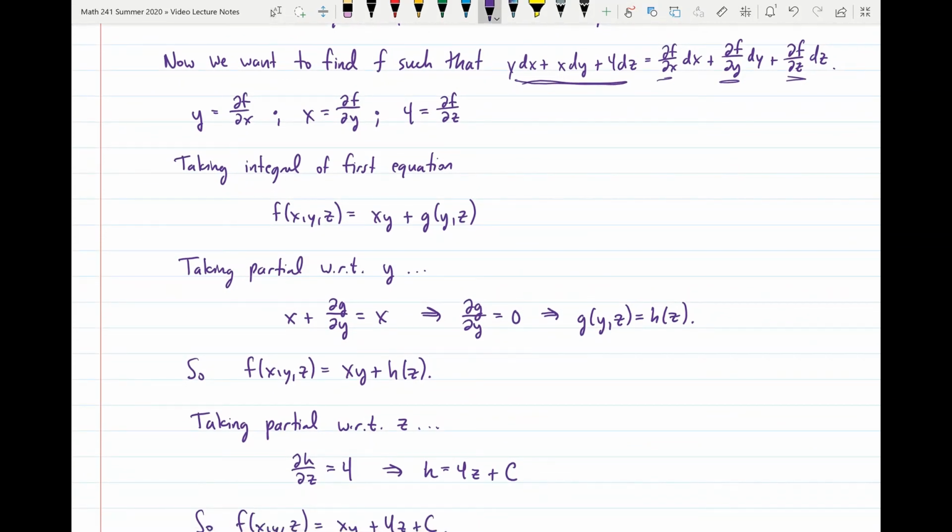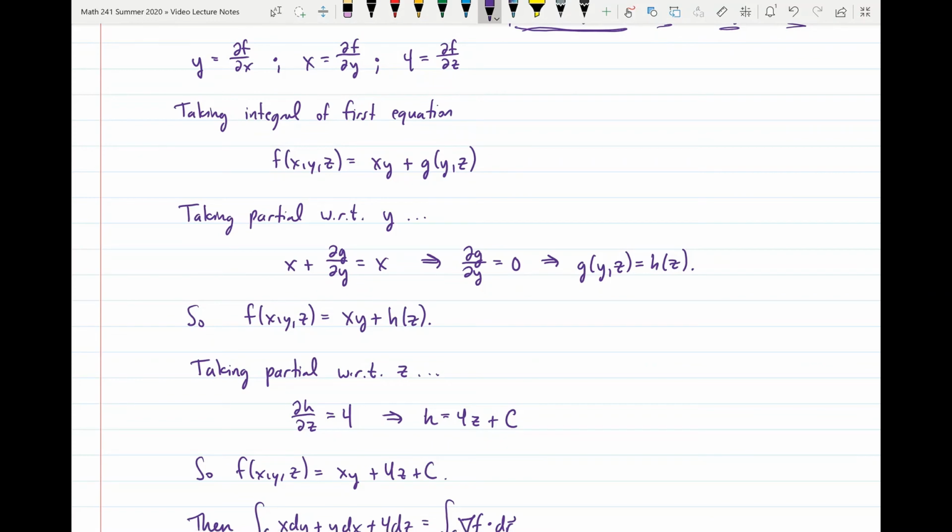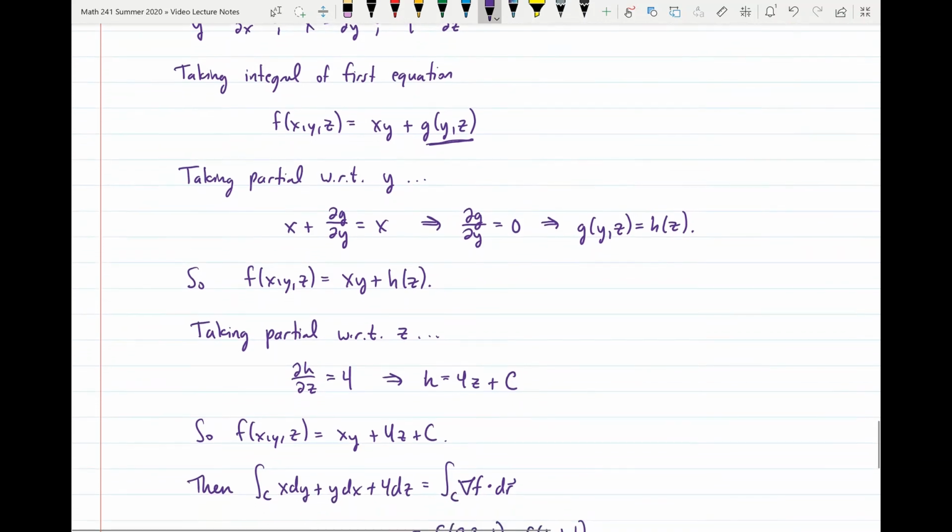So we start by taking the integral of the first equation with respect to x, and that will give us f of x, y, z is equal to x times y plus g of yz. So our constant of integration is a function in just the variables y and z, no x here.